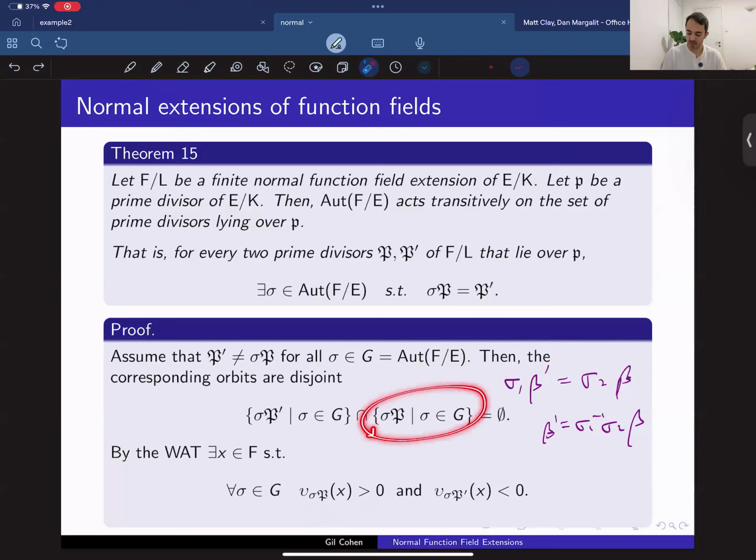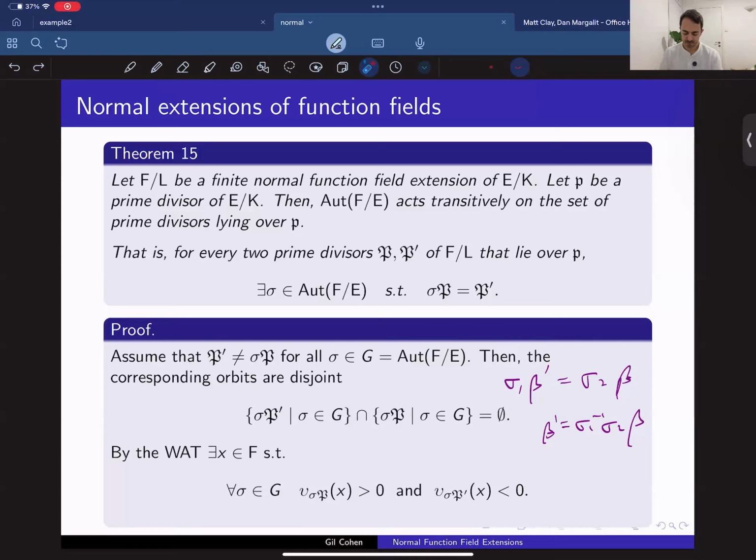So elements from here are positive, and elements from here are negative. So V sigma of P prime of X is negative. And I can do that, because these are disjoint sets, so there are no conflicting requirements here. There are only finitely many requirements because to begin with, the Galois group is finite because the extension is finite.